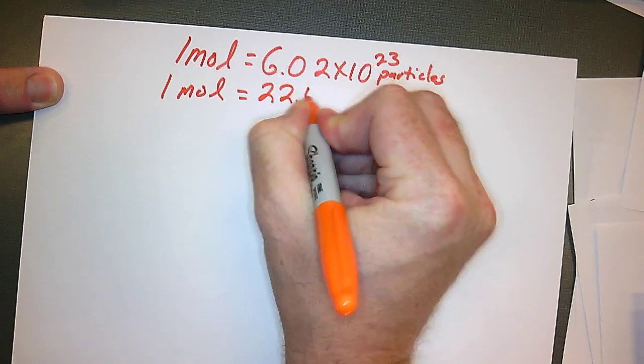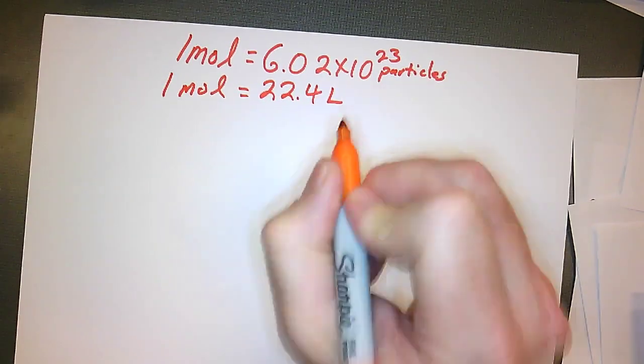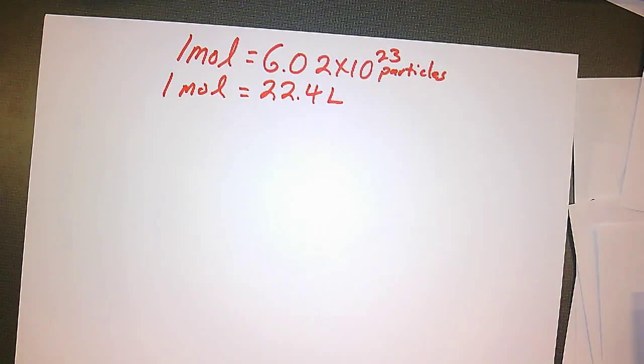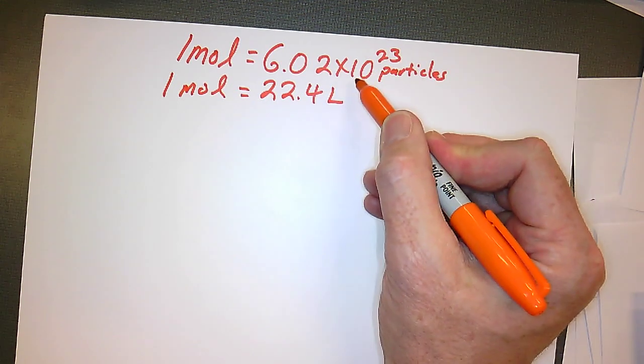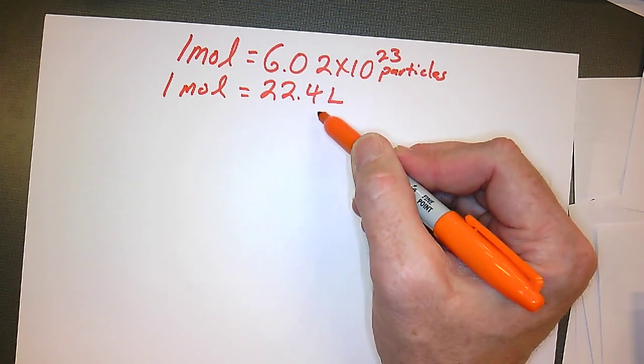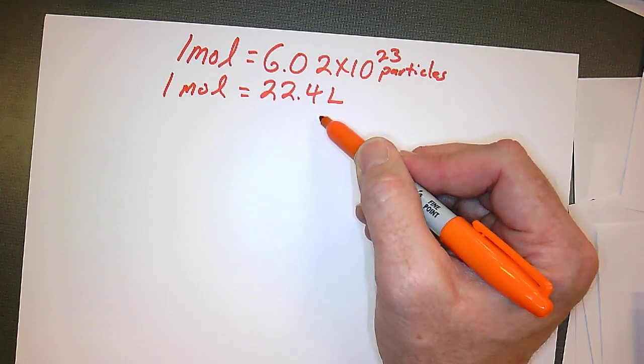It does not matter what gas it is. It's a weird thing that we've discovered about nature. No matter what gas it is, big molecule or small molecule, they occupy the same volume. If you have this many molecules of the gases, they occupy this volume at STP.